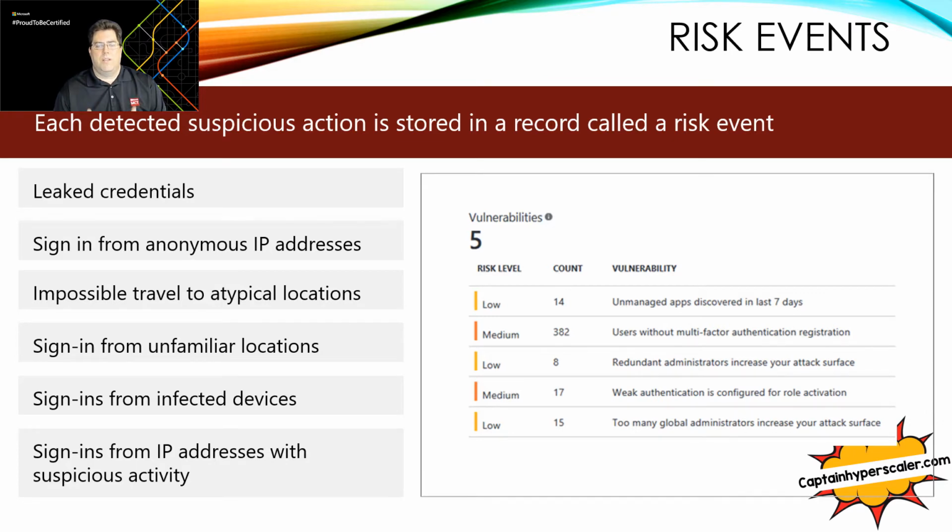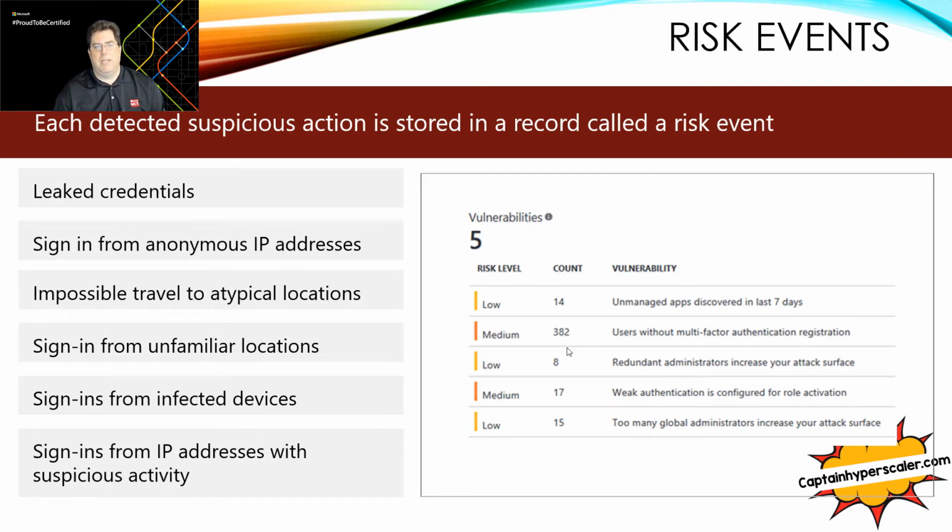And these risk events, through Azure Identity Protection, look at those suspicious activities and then create that record in that risk event. There are a number of risk events here in terms of leaked credentials, where a valid password has been compromised, and anomalous IP addresses.